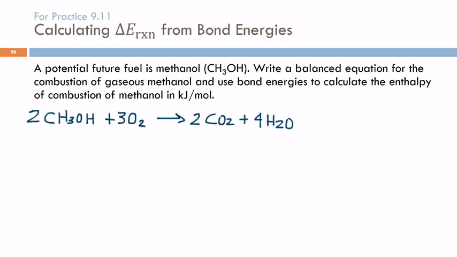Now, we kind of need to be able to draw Lewis structures here, because just looking at this formula, it's not immediately obvious what kind of bonds we have. Looking at O2, that's actually a double bond, but you might not recognize that if you don't draw the Lewis structures. So we need to think about Lewis structures. So I'm going to save a little time by just drawing them for you.